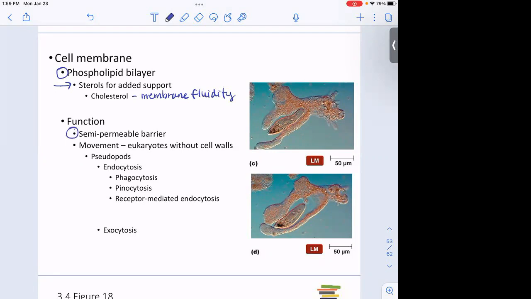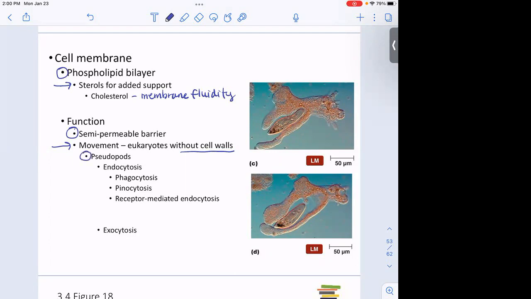With the eukaryotes that don't have a cell wall, it could also function in locomotion, in movement. Okay, so if there's no cell wall to keep it in a certain shape, a single-celled organism could extend pseudopods and then move by amoeboid motion.